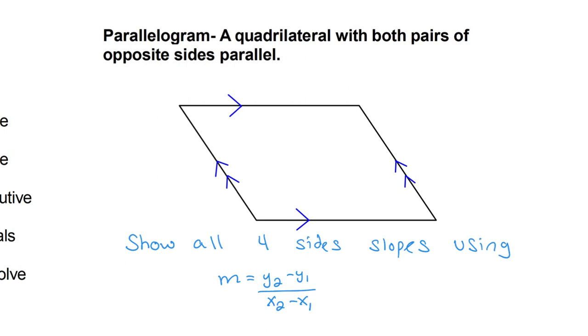You're going to show all four side slopes using the slope formula, y2 minus y1 over x2 minus x1. So when you do this, this line segment would have the exact same slope as this one. Again, this line segment would have the exact same slope as this one. And you're going to do that whenever it asks you to use the definition of a parallelogram.